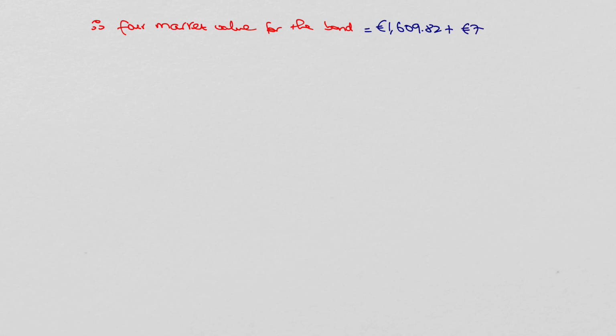So therefore, by combining those two together, we say a fair market value for the bond would be €1,609.82 plus €791.27, which gives us a fair market value to pay for the bond of €2,401.09.